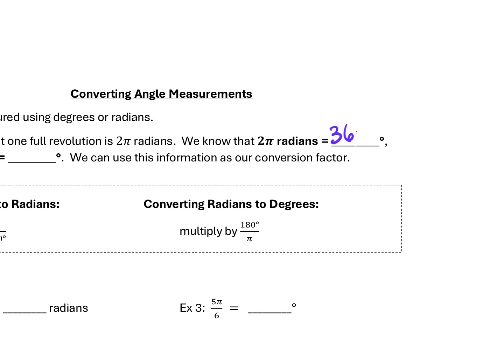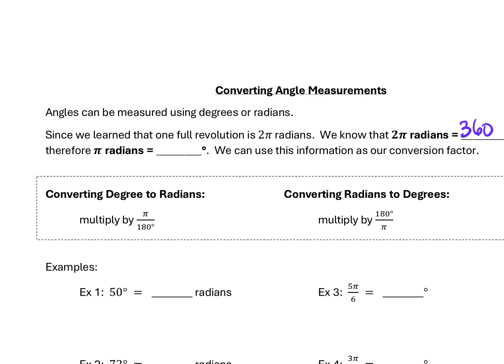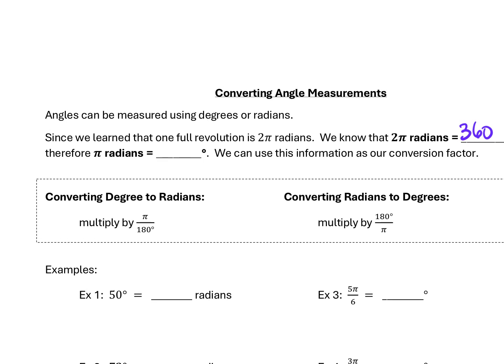Yeah, 360 degrees. And pi radians is equal to how many degrees? 180. And that's the important part, that pi radians is equal to 180 degrees. That's basically what we use as our conversion factor to do these conversions, okay?